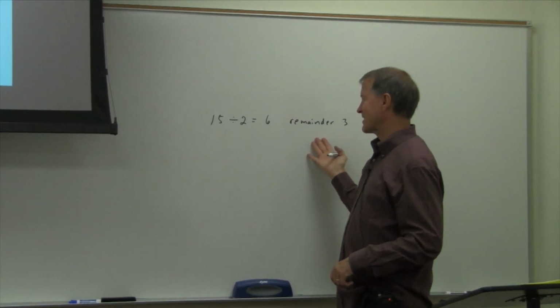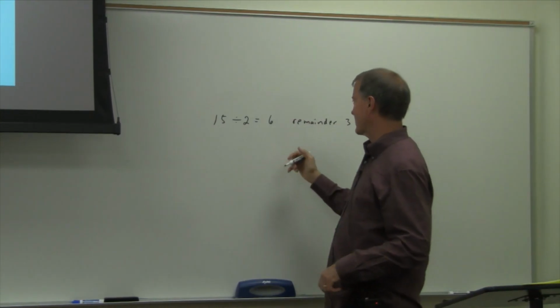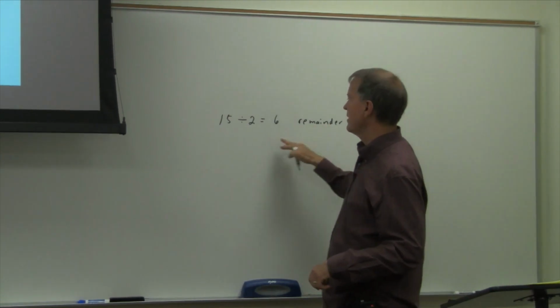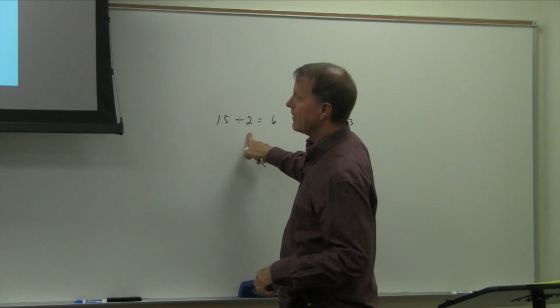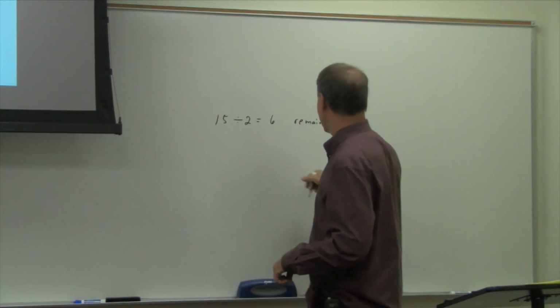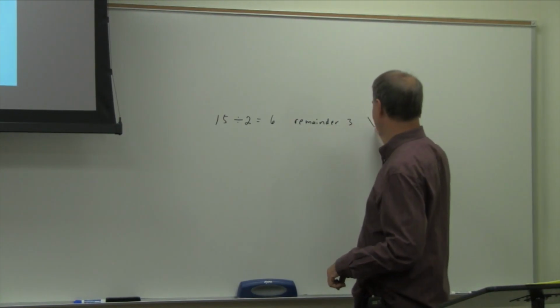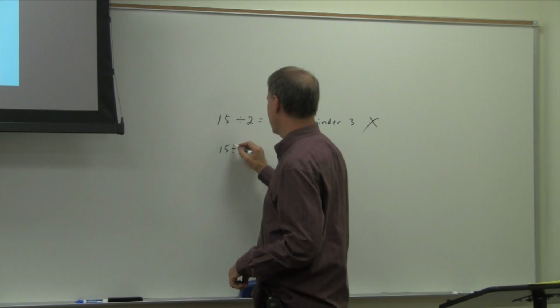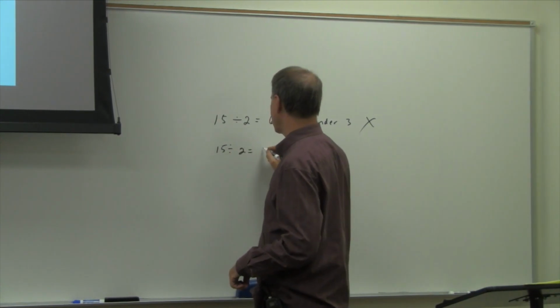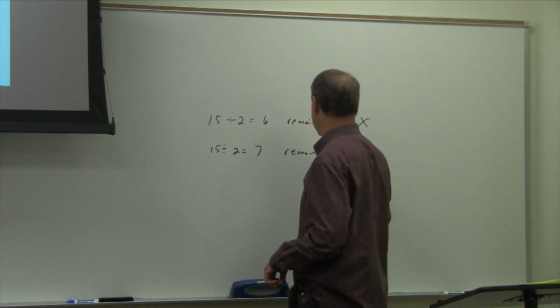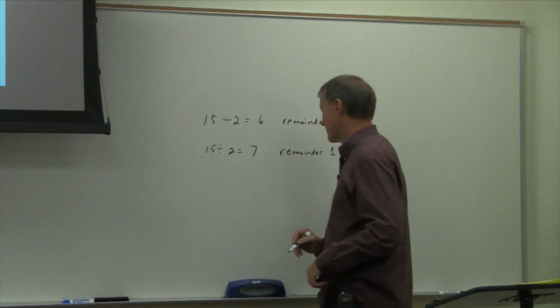But that doesn't make sense, because the remainder has to be greater than or equal to 0 and less than 2. So this isn't correct. Instead, 15 divided by 2 equals 7, remainder 1.